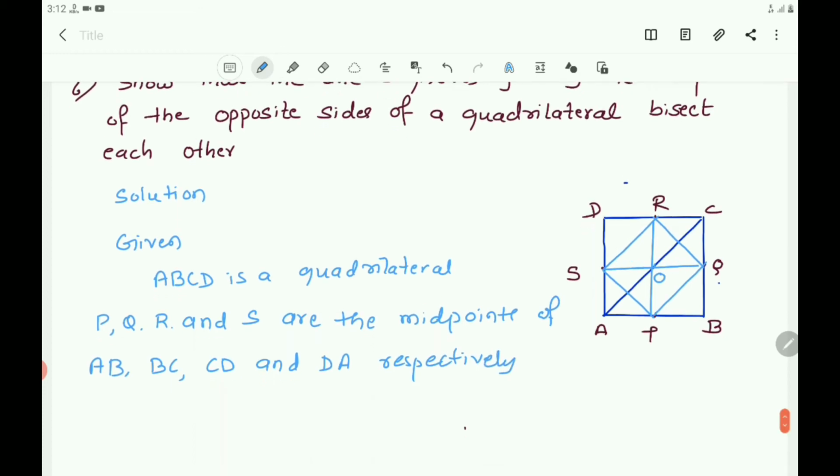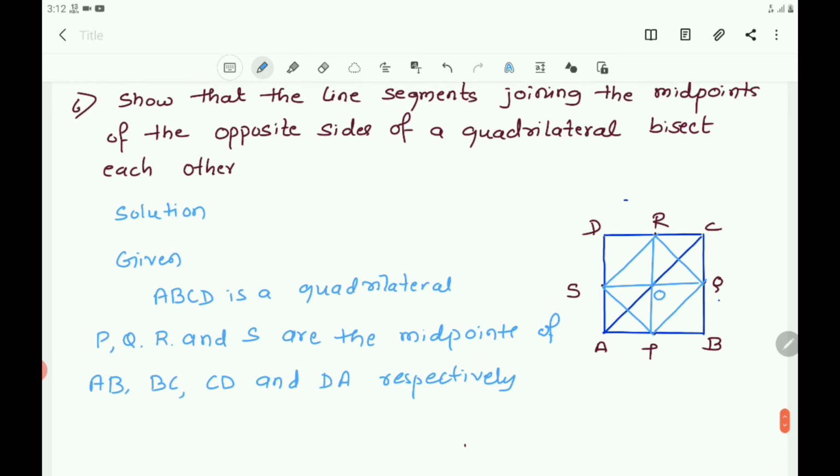What we have to prove here? We have to prove that SO equals OQ, RO equals OP.